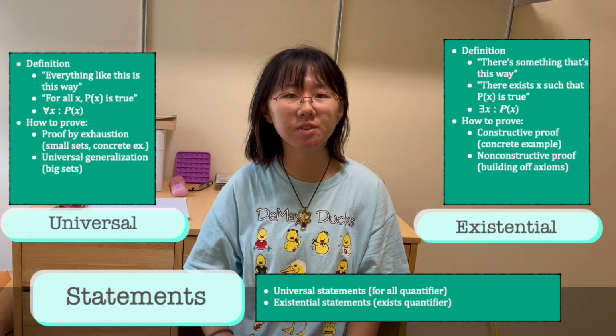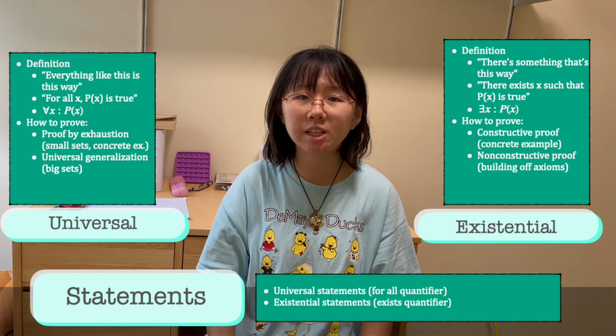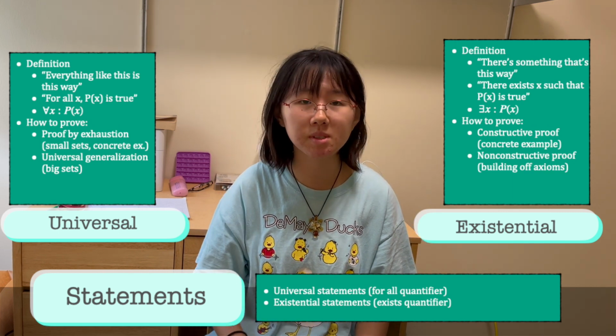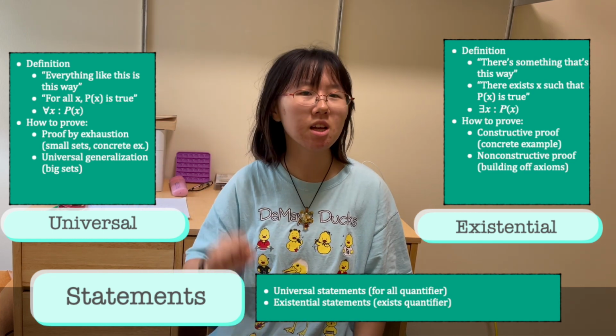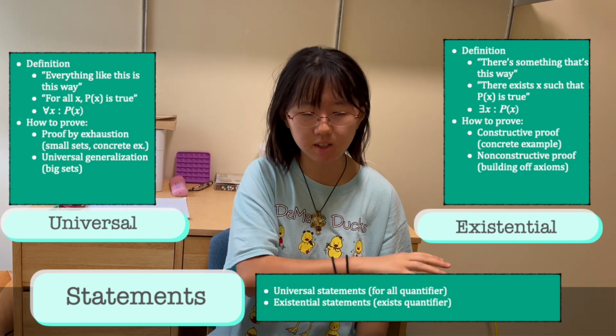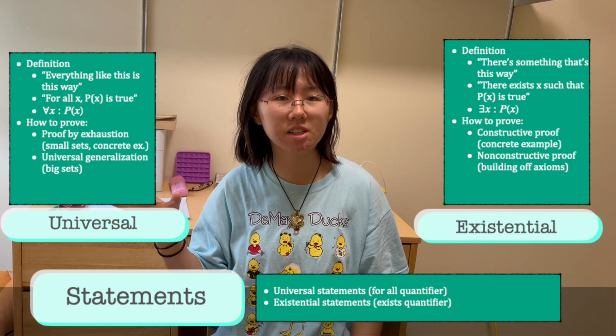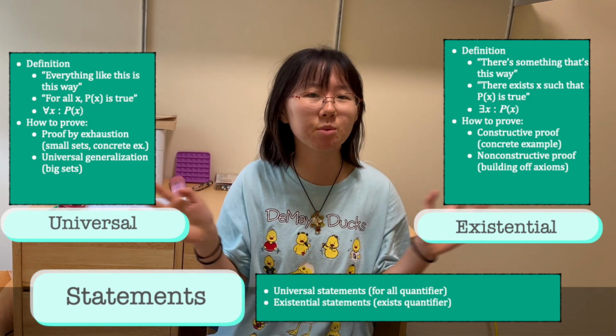The other kind of proof is a non-constructive proof of existence, which is usually a little bit harder, and it usually builds on axioms and/or other theorems. So if you can kind of tell, constructive proofs of existence are almost like proofs by exhaustion, and universal generalization proofs are kind of like non-constructive proofs of existence just in the way that we set them up.